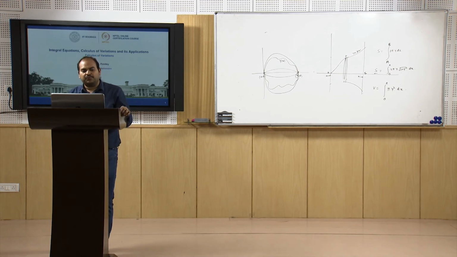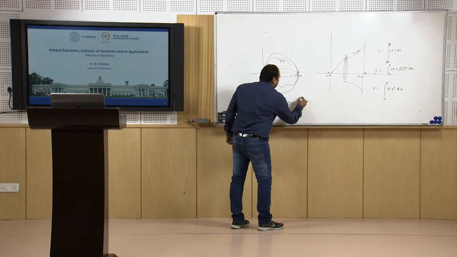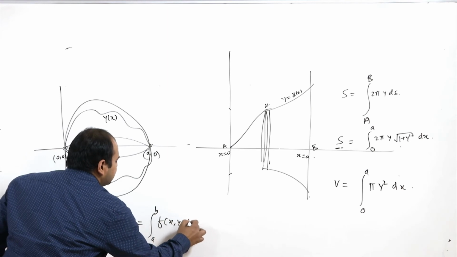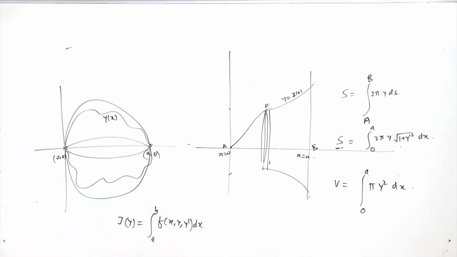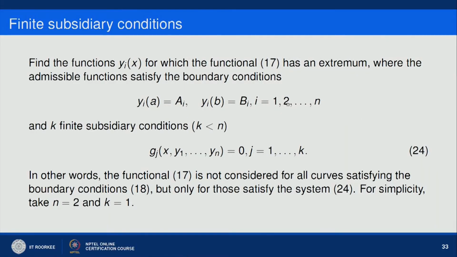So here we want to find the functions y_i(x) for which the functional J[y] equal to the integral from a to b of f(x, y, y dash) dx has an extremum value, where the admissible functions satisfy the boundary conditions y_i(a) equal to A_i, y_i(b) equal to B_i, for i equal to 1 to n, and k finite subsidiary conditions are given in terms of y1 to yn, that is g_j(x, y1, ..., yn) equal to 0 for j equal to 1 to k.